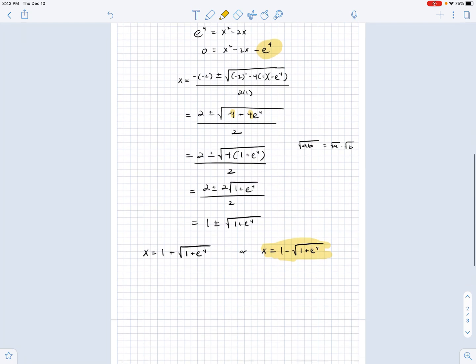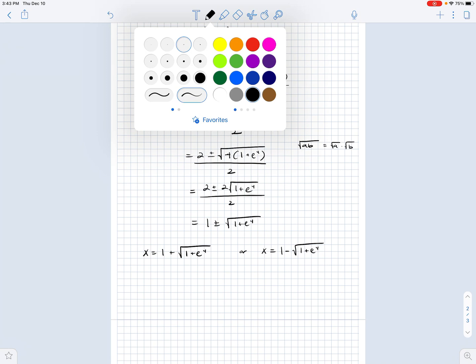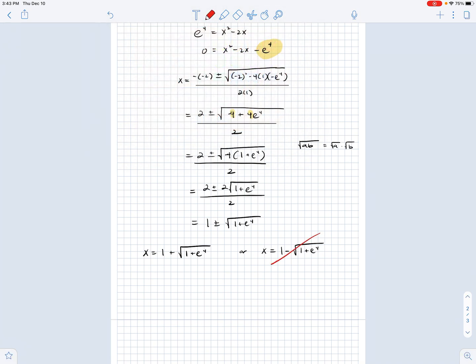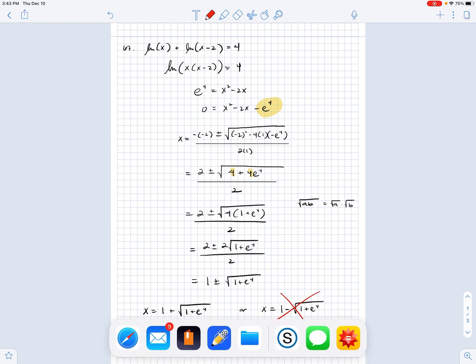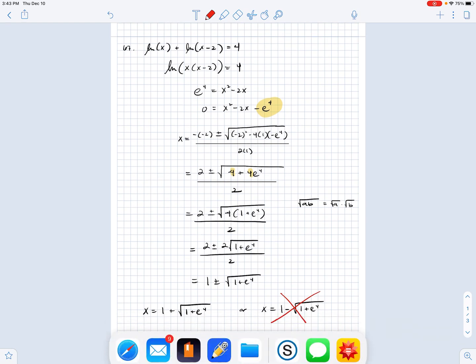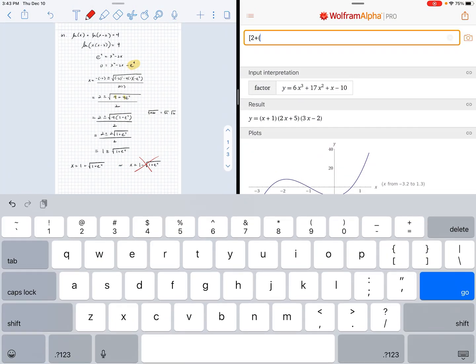You can also type it into your calculator to get the approximation, but that's going to end up being an extraneous solution, a solution that doesn't make sense. And then for the 1 plus, I don't have my calculator. I guess I could type it into, oh good, I have Wolfram Alpha right here, just so we can see what the approximation is.